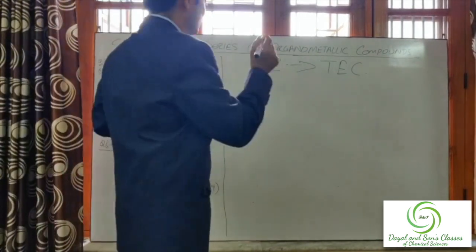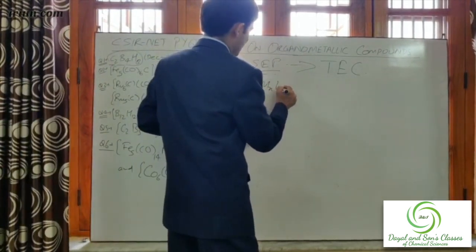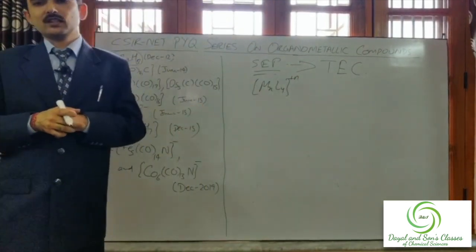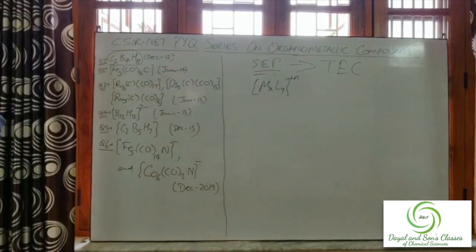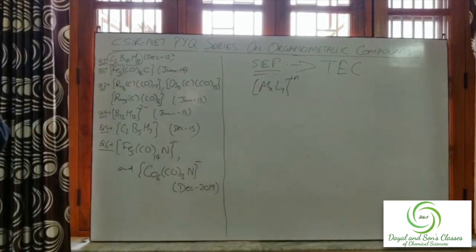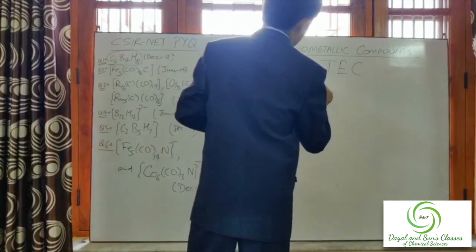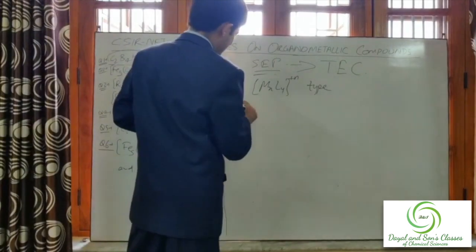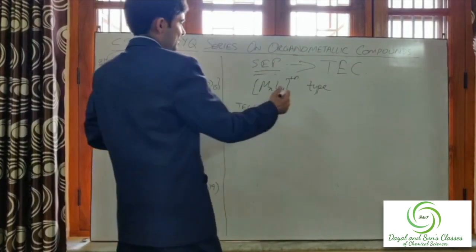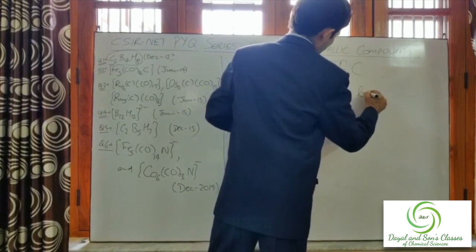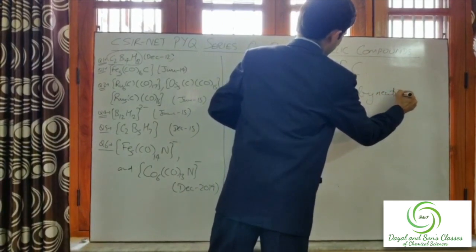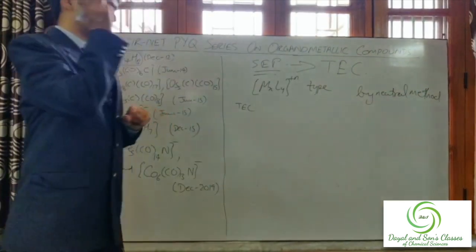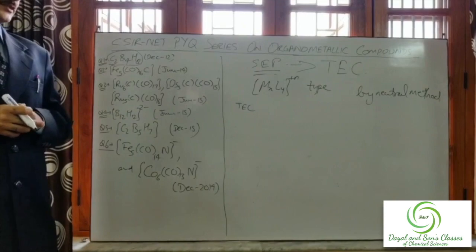Let's say we have a general cluster of the type MxLy^+n. If you have a cluster of this type, in order to find the total electron count, we will solve this by the neutral method.